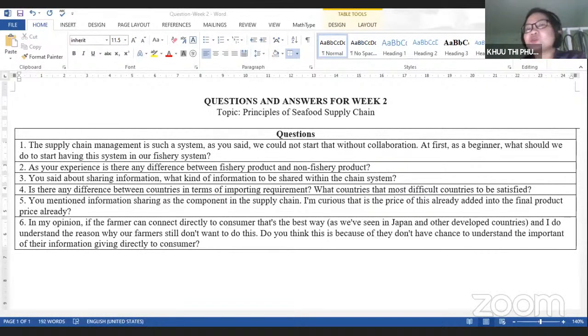But because, again, we are very small scale, if we are fishermen or farmers, they cannot negotiate their price. They don't have any negotiating power in the market. So they have to accept their situation, and they are very scared to apply new technology because it will increase their cost.